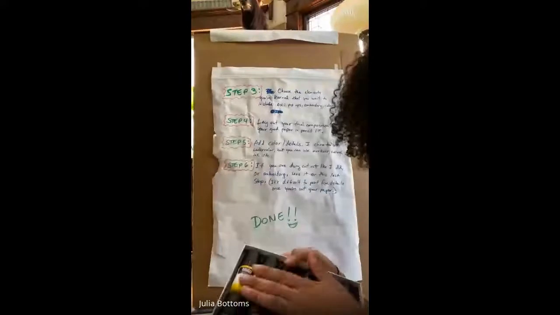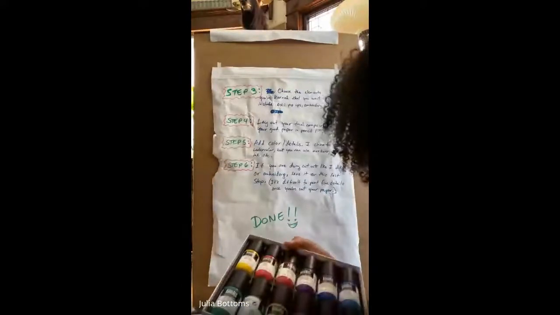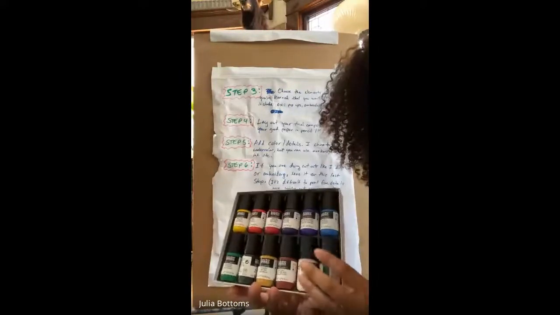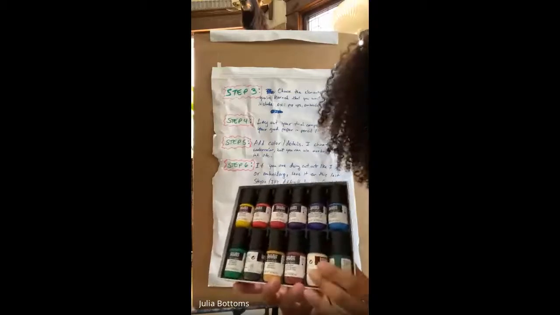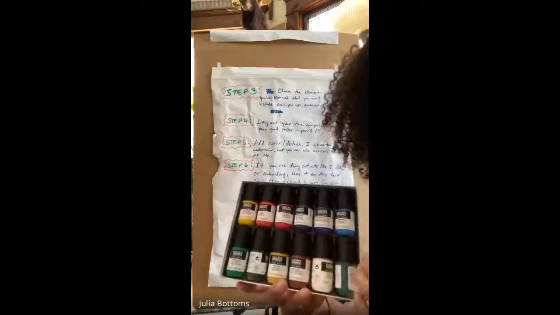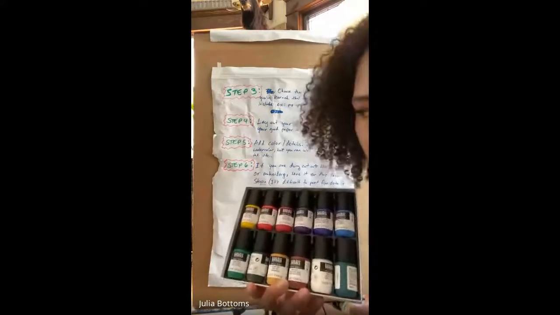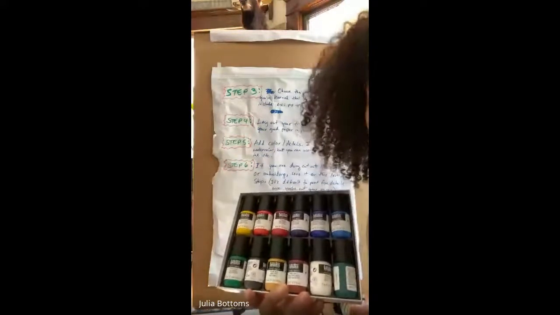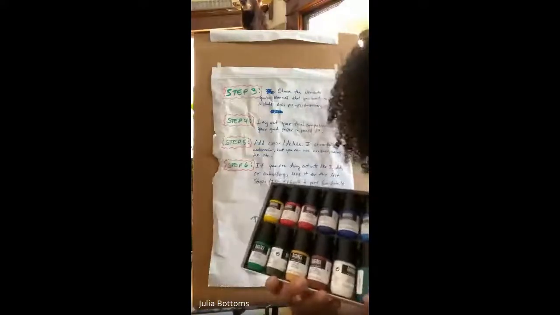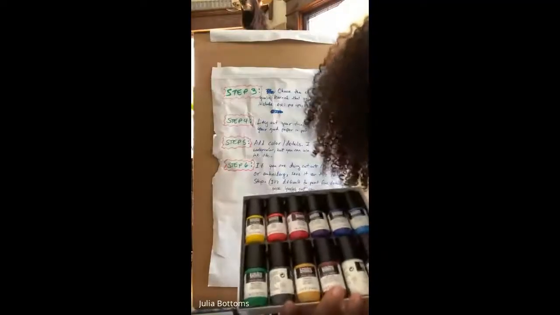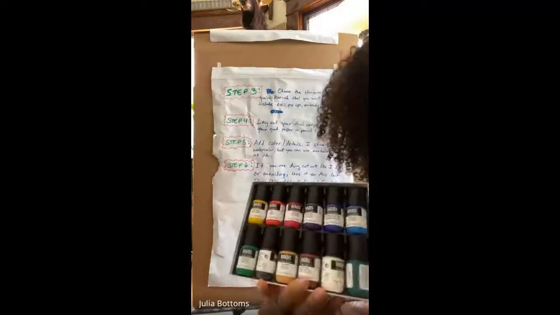And I would say with gouache, it's much better for you to hold off and save $30 to get this set versus getting the set that you would get at Michael's. Even though that's a lot cheaper, it's just not going to be worth it, and it's not going to do what you want it to. How much did you say that was? This one was 60, but I had a coupon on it, so I got it for about 30.